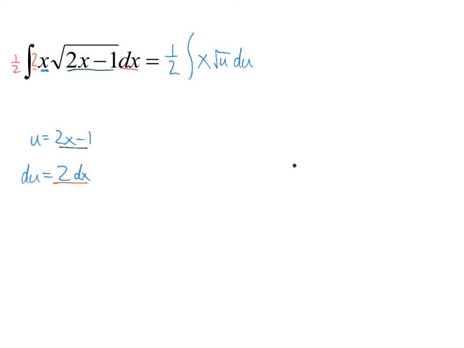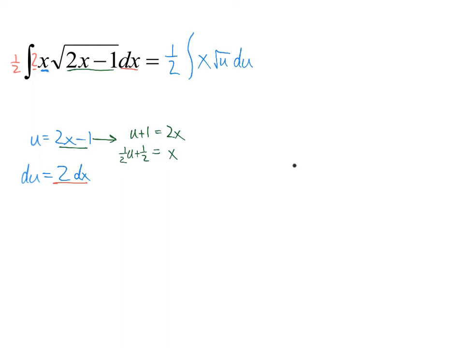Yeah. Sunny? Make the x in terms of u. Alright, and how would we do that? Use the u. Yeah, let's use the u that we have, and I'm going to make this u plus 1 equals 2x, and that means x is 1/2 u plus 1/2.